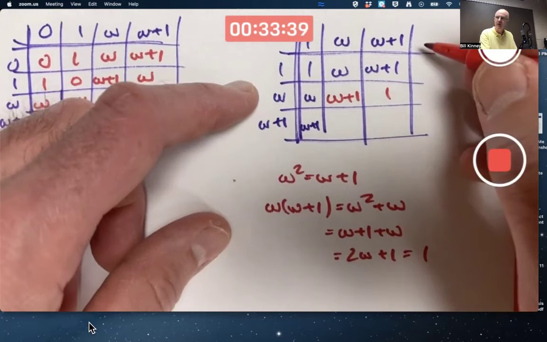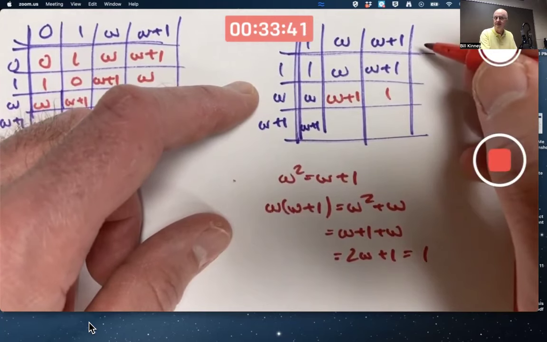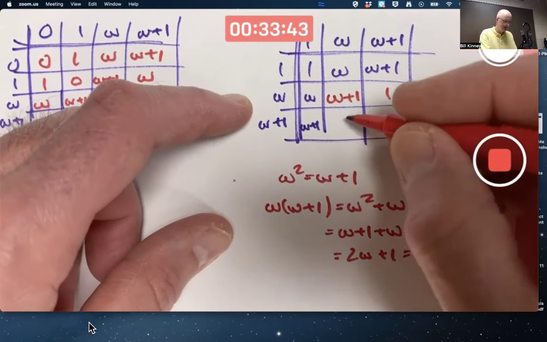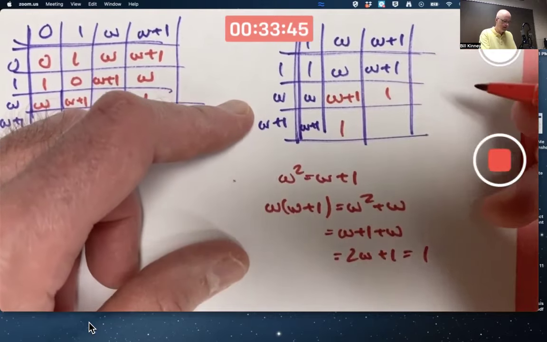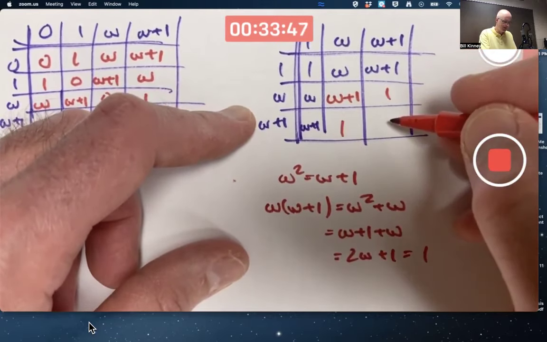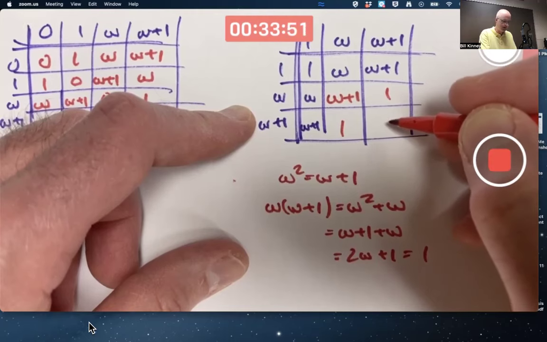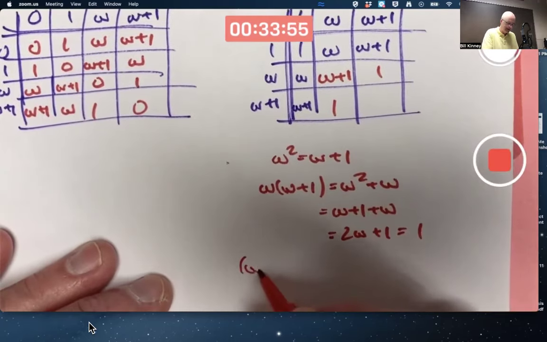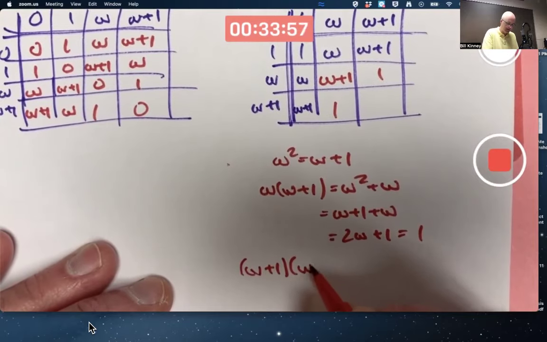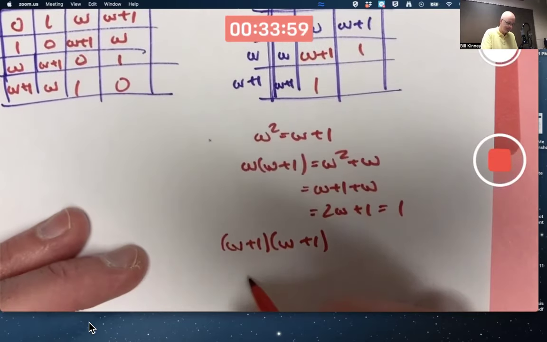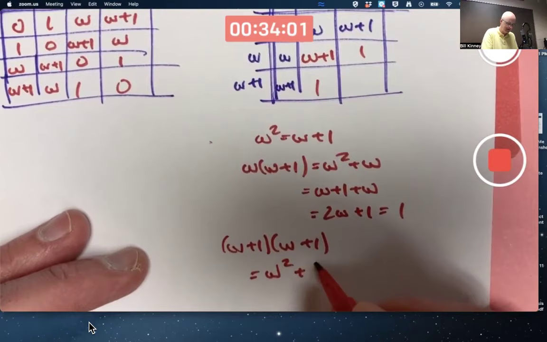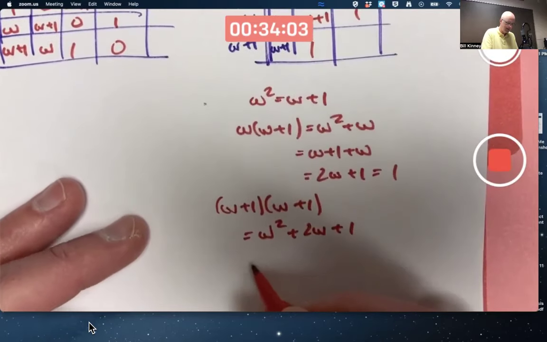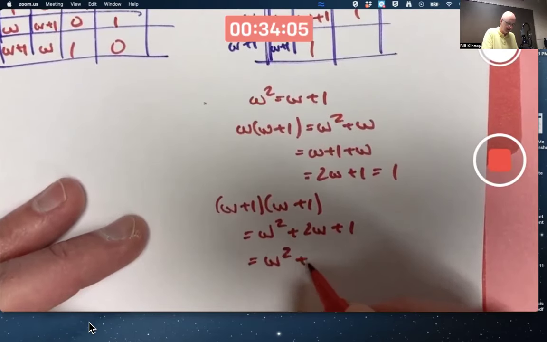Omega and omega plus 1 are multiplicative inverses. Likewise, it's abelian, so this is a 1. What's omega plus 1 times itself? This is going to be a group under this multiplication. It's got to be whatever is left over here. It's got to be omega. Is omega plus 1 times itself equal to omega? Multiply it out. Mod coefficients by 2.